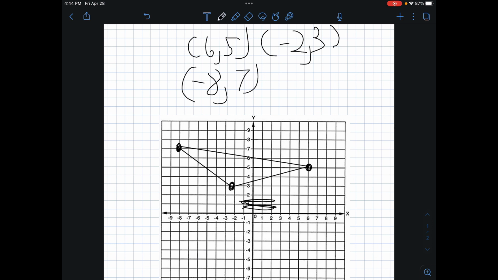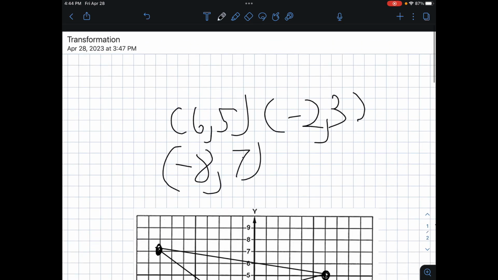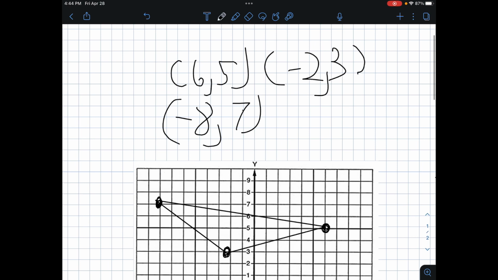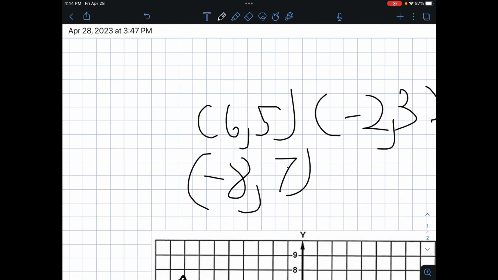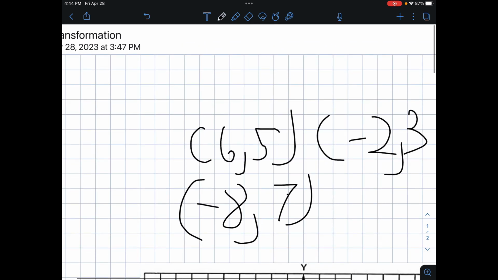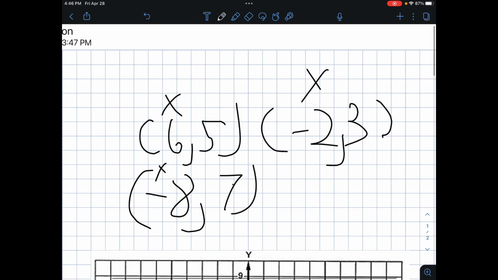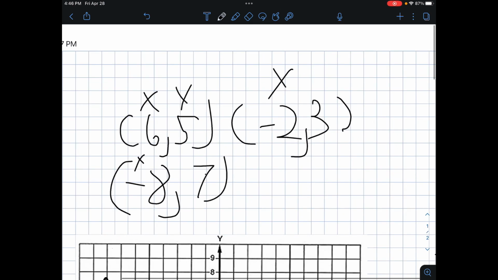Now that we know it's crossing the y-axis, we have to make all the x's negative. And if they're already negative, we make them positive since the two negatives cancel out. Now, our x's would be 6, -2, and 8, while our y's would be 5, 3, and 7.